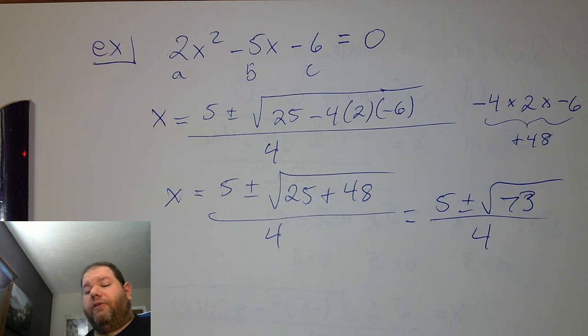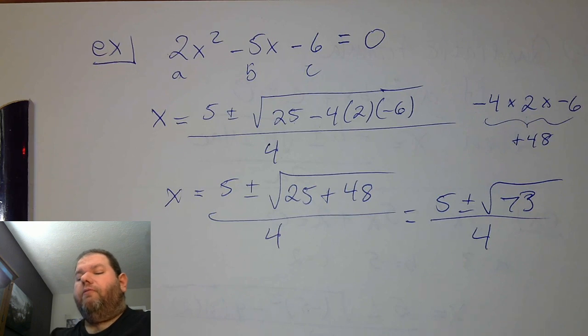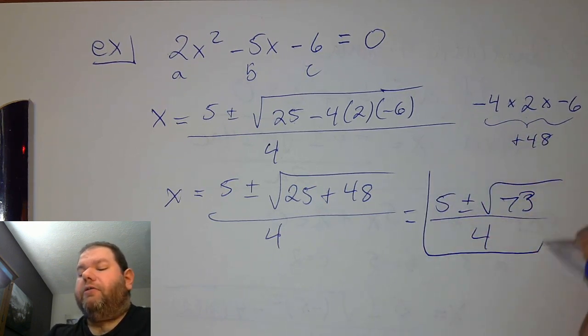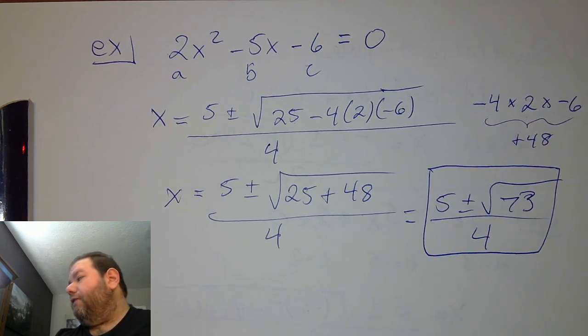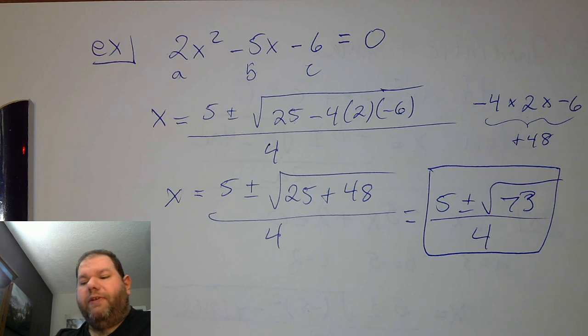Now 73 in this case is actually what we call a prime number, in that it doesn't have any factors besides 1 and itself. So the reality is here, we cannot simplify this any further. And we can check on our calculators, 8.54. It's definitely not a whole number answer, so we don't really want to worry about taking that square root.